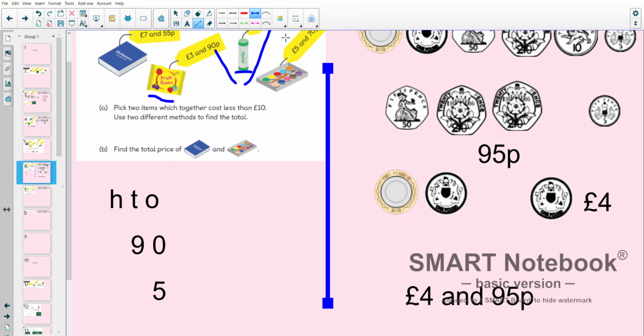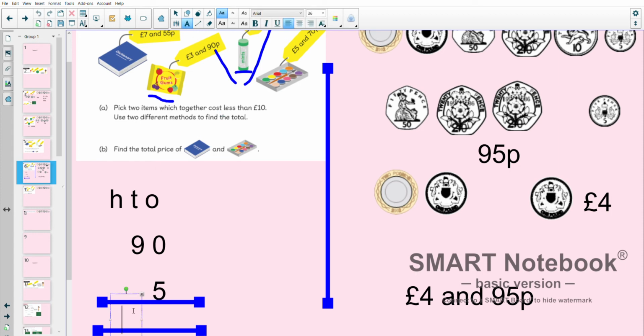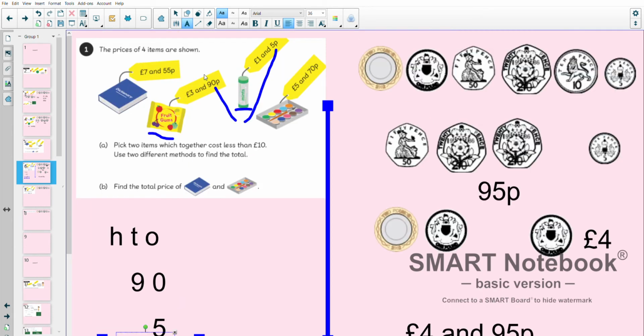I get a little line under there, and I add it together, I get 95 pence. I can then add that to my £3 and my £1, and I will get the same answer of £4.95.